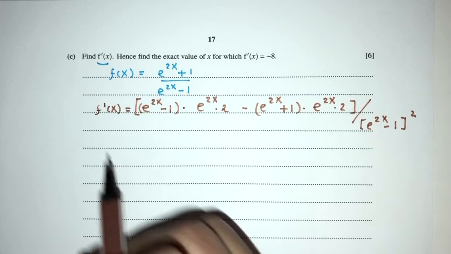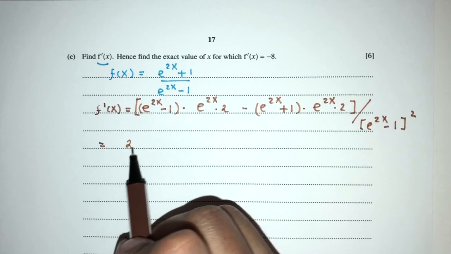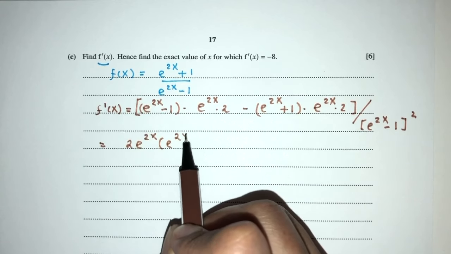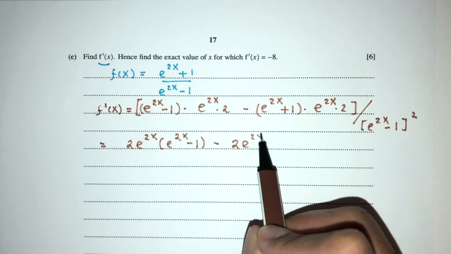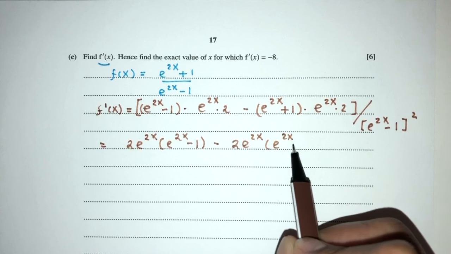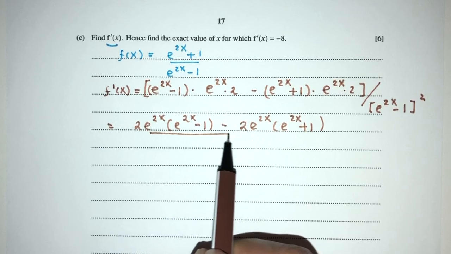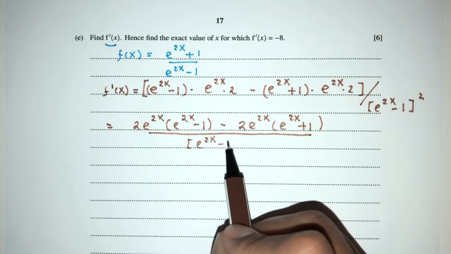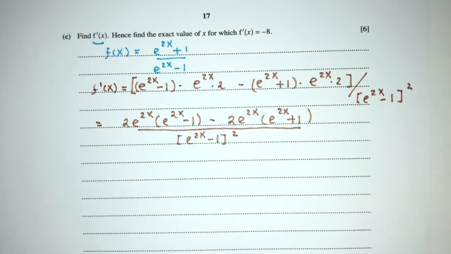Now let's simplify to see what happens. Here we'll have 2 exponential 2x times exponential 2x minus 1, and here we have minus 2 exponential 2x times exponential 2x plus 1, over exponential 2x minus 1, all squared. Again, you can always simplify this some more.